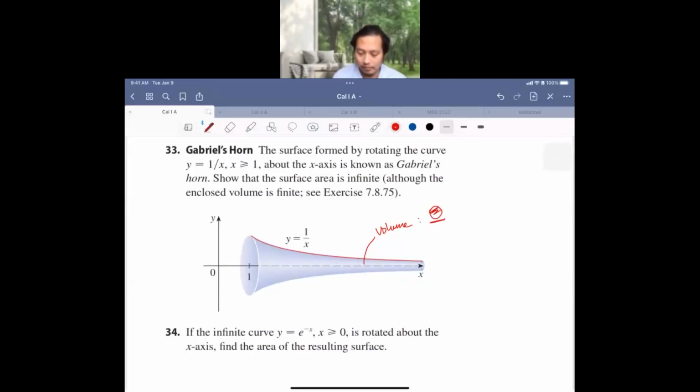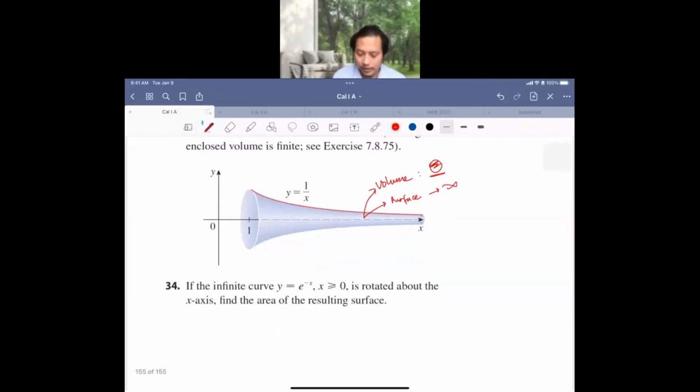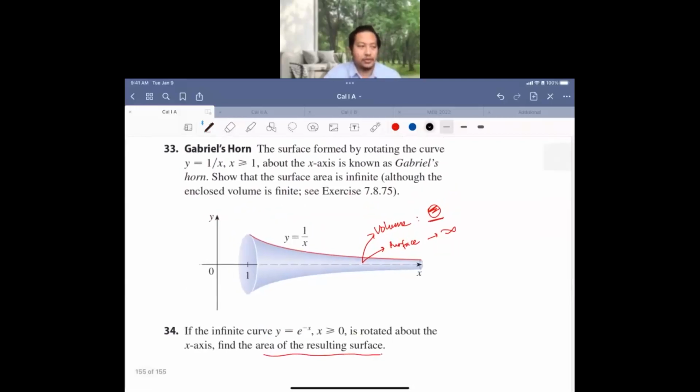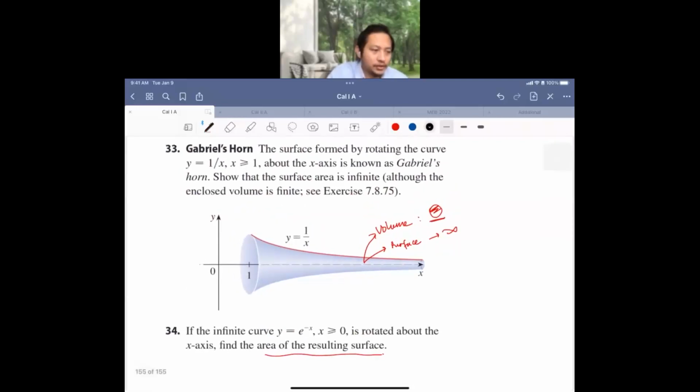But if we evaluate the surface, it's going to be infinite. Okay, we will see. And the second one is to find the area of a residential surface. Okay, let's see for number 33.